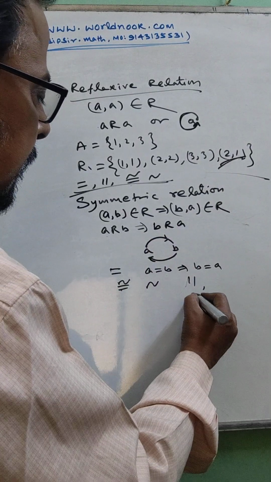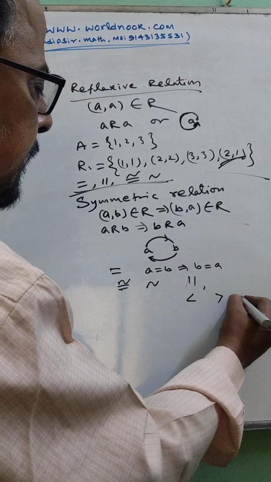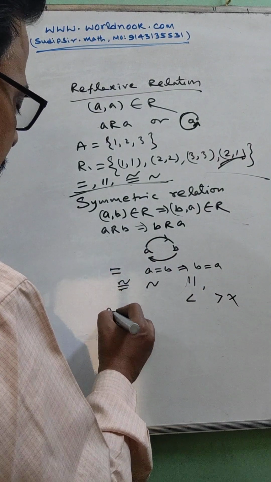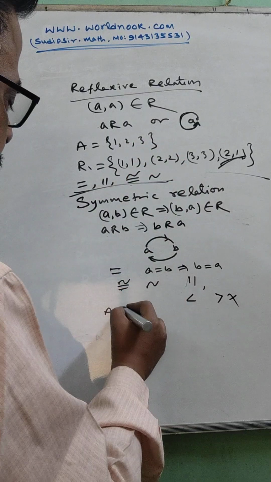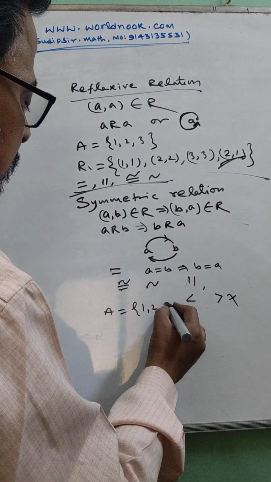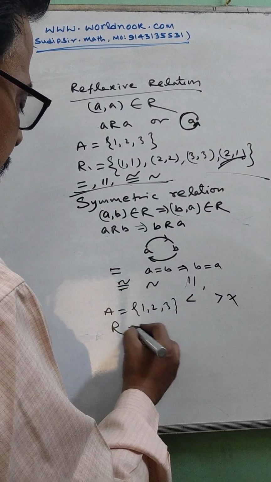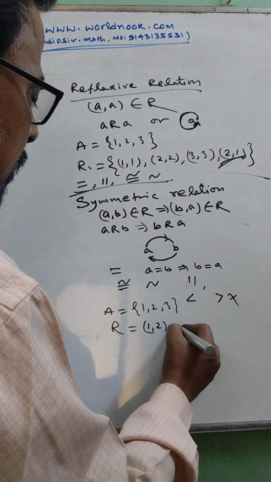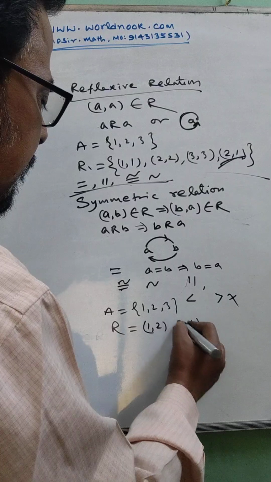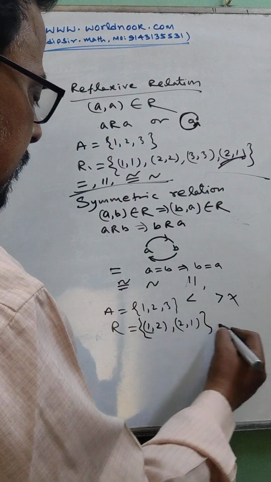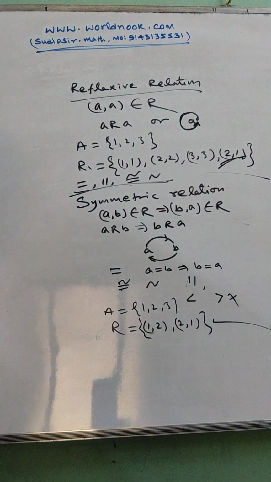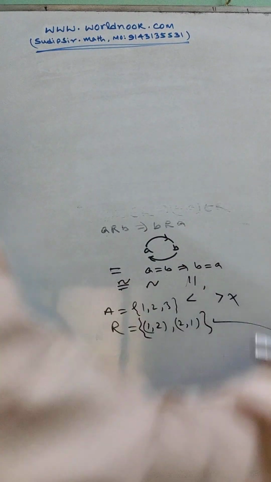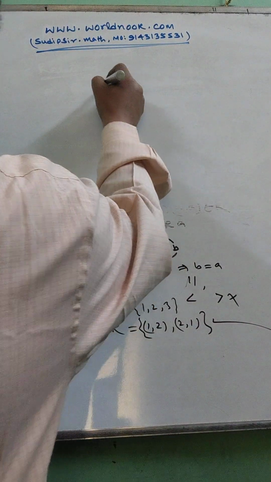But less than or greater than are not symmetric relations. So for the same example, A equal to {1, 2, 3}, if R equal to {(1, 2), (2, 1)}, then this will be a symmetric relation.